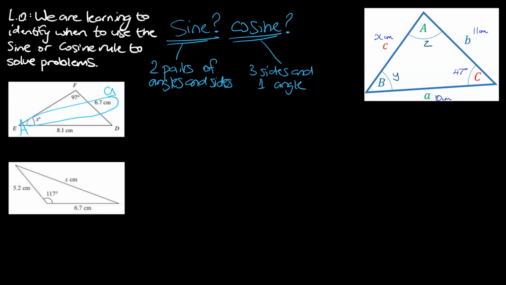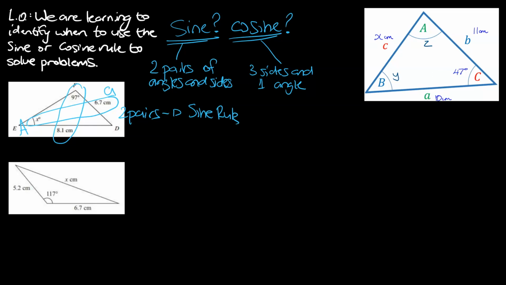So we have a pair there, and if you look across here, we've actually got another pair of an angle with a given side as well. If you look in the other direction, we don't have either of those. That means we've got two pairs, and that means we're going to be applying the sine rule.